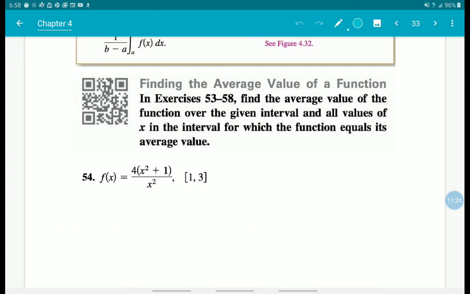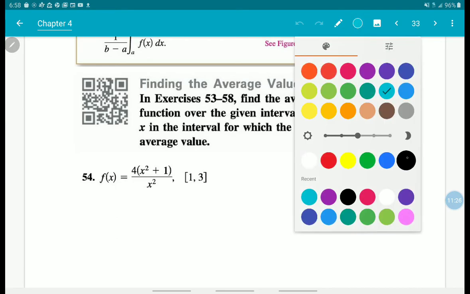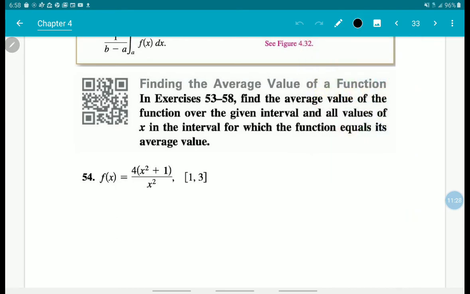We have f of x is equal to 4 times x plus 1 divided by x squared, and we're going from 1 to 3. So I'm going to first take this and rewrite it. And then we know we can split the numerator.